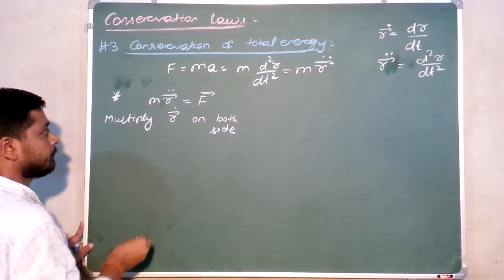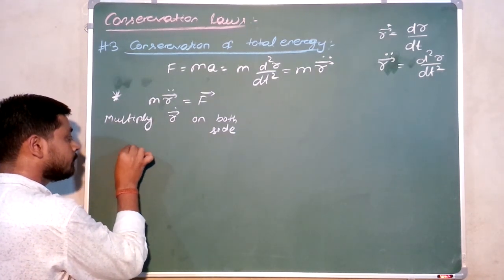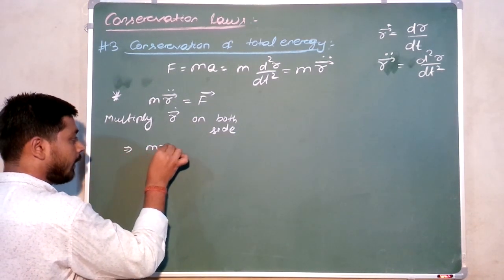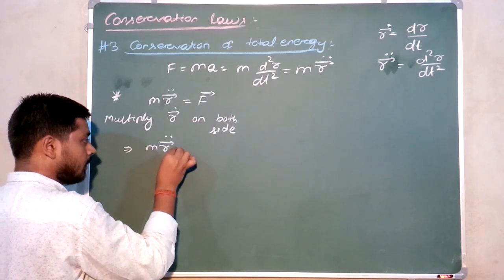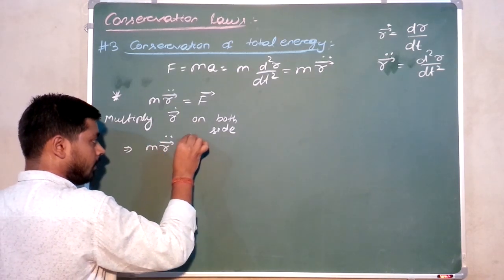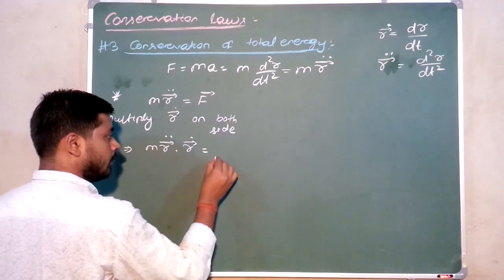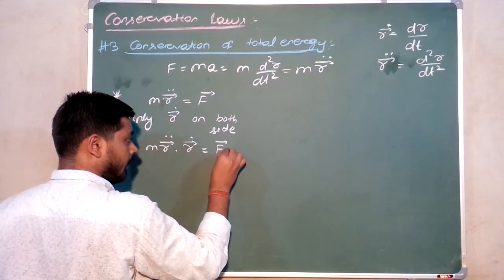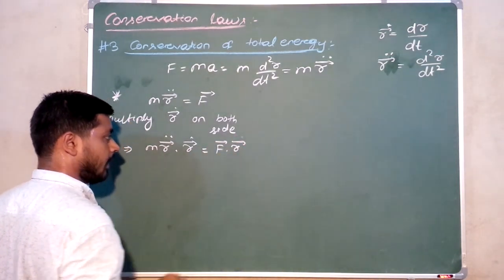What do we get? m r double dot into r dot equal to F r dot.